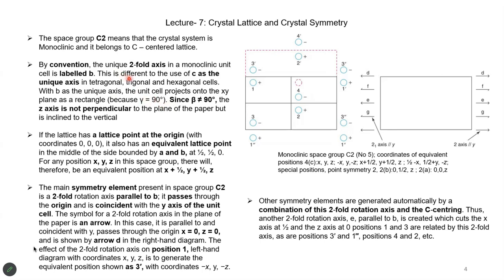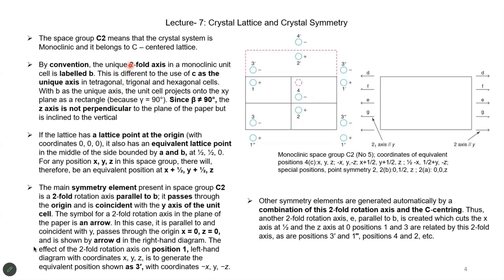Since we said in our definition that monoclinic has an interaxial angle beta which is not equal to 90 degrees, the z-axis is not perpendicular to the plane of the paper, but is inclined in the plane of the paper.